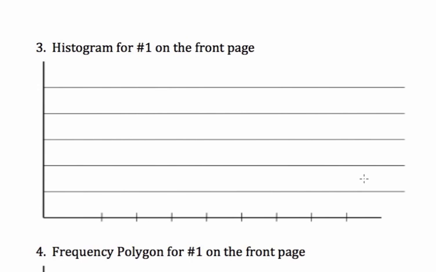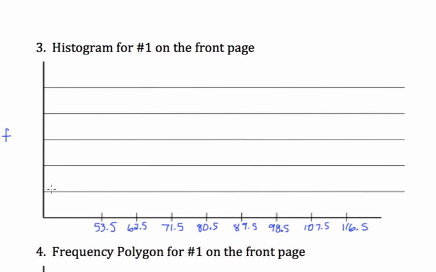Now we will build a histogram for our data from number 1 off of the front page. On a histogram, on the x-axis, the horizontal axis, are our class boundaries. On our y-axis, or the vertical axis, will be our frequencies.